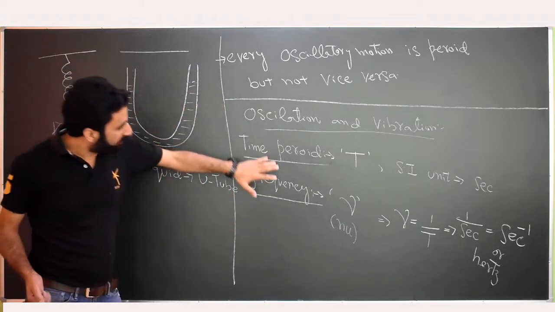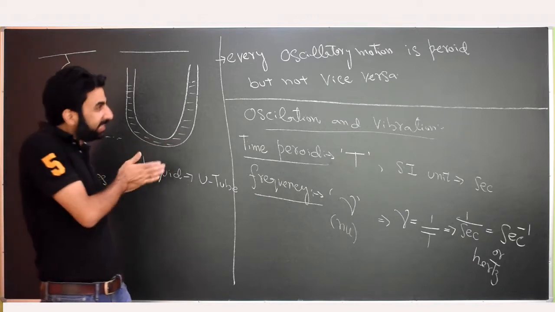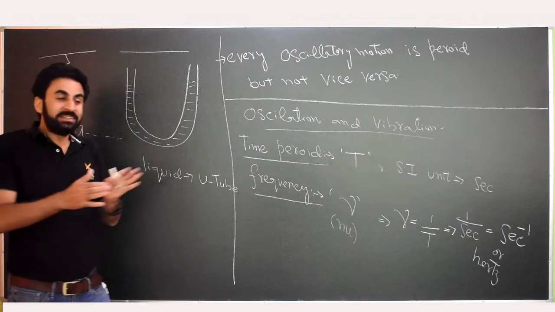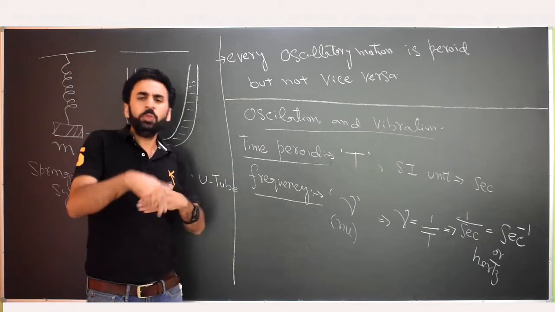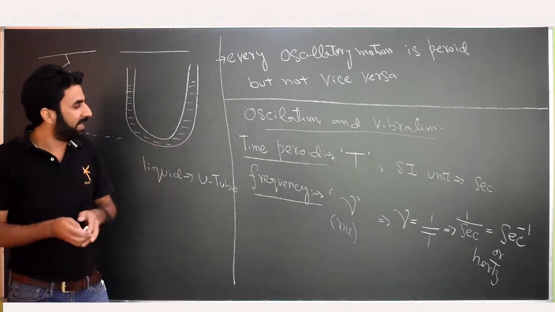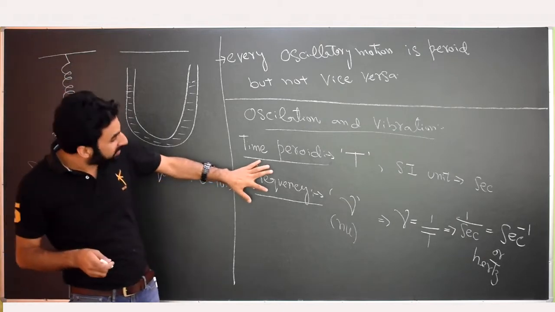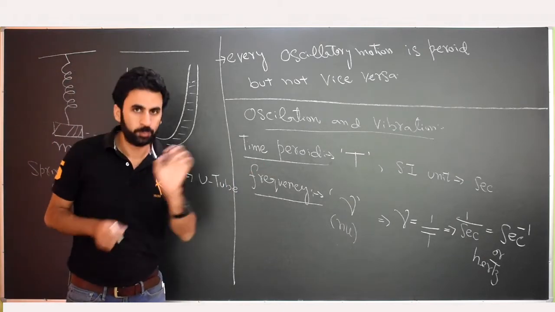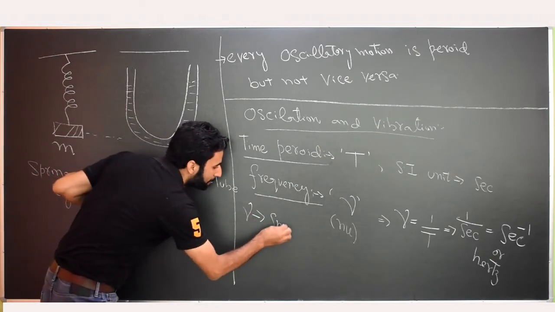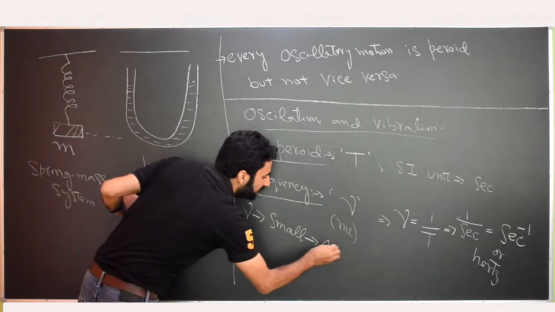Now why we define these two terms at this juncture is we want to have that fine distinction between oscillation and vibration. As I earlier mentioned, oscillation and vibration are normally used as synonyms of each other, but the fine difference is that in case of an oscillatory motion, if the frequency of oscillation is small, you call it oscillation.